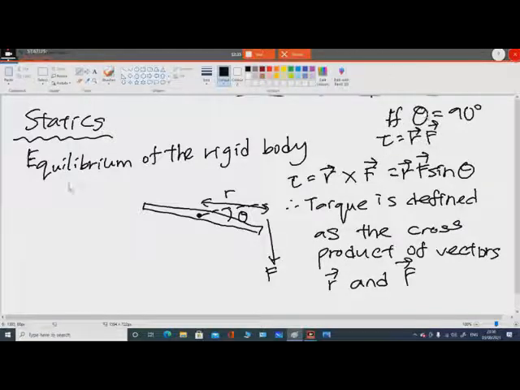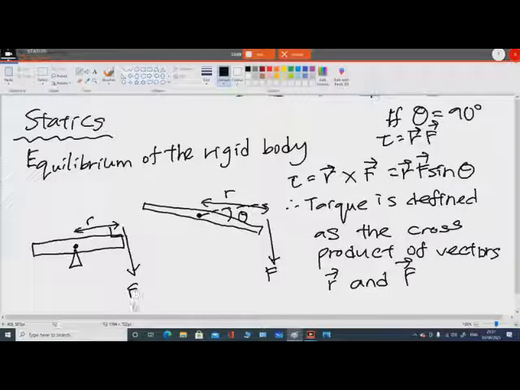Let me draw a horizontal plank. This is the center, and this is the distance between the pivot of the plank and the force. If the distance and the force are perpendicular, so this force is pointing downwards and this distance is pointing to here, this will eventually give us the resultant torque.